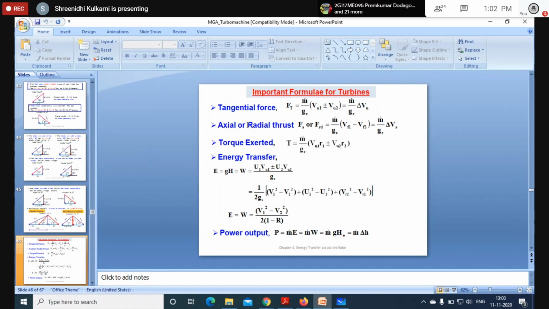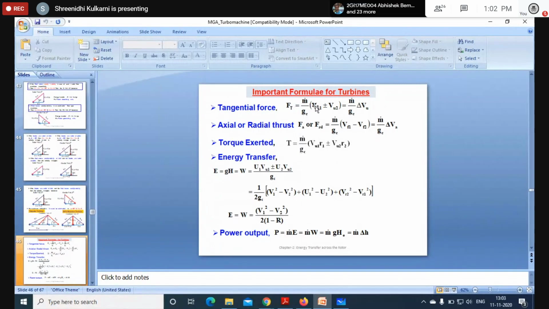Please remember, the absolute velocity has two components: the tangential component, giving tangential force with Vu1 and Vu2, and the axial component, giving axial thrust m into Vf1 minus Vf2. Similarly, torque T is equal to m into Vu1 R1 plus or minus Vu2 R2.